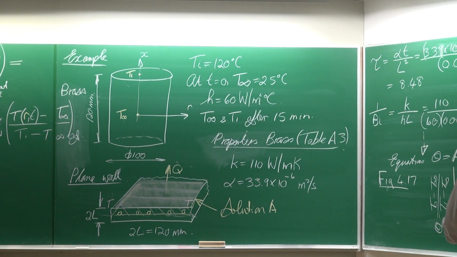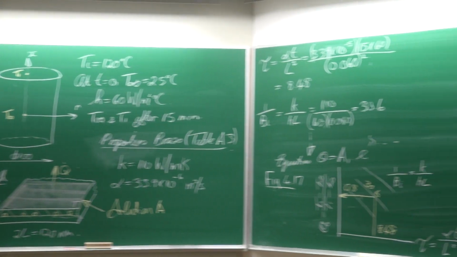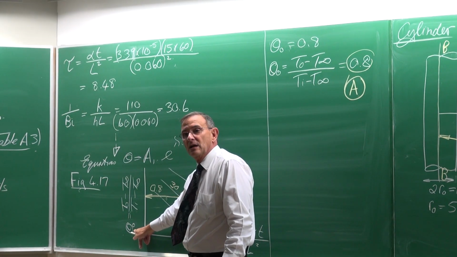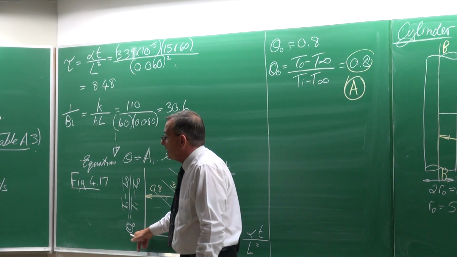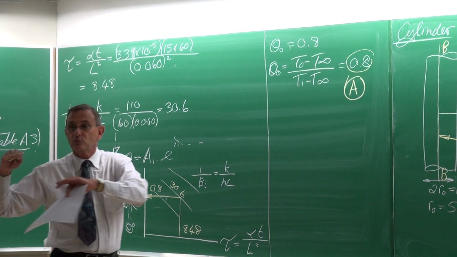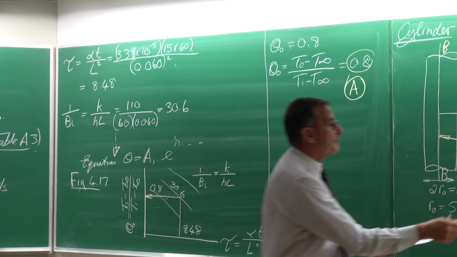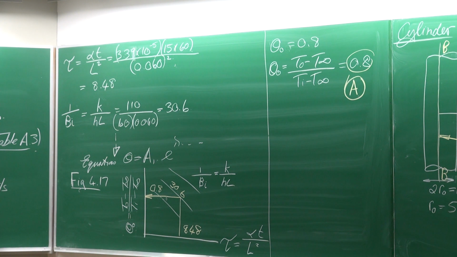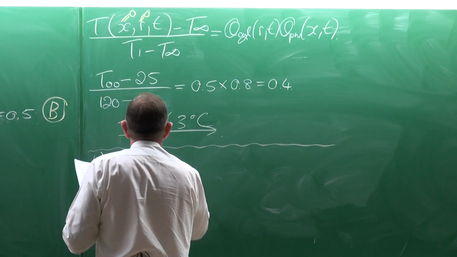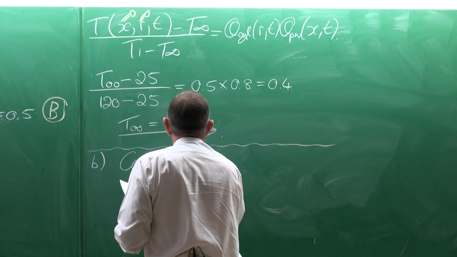If we look at the case of the plane wall, what do we have to do differently? In the plane wall case, we do not want the temperature where x is equal to 0, we want to know it where x is equal to L. So the second part is the center temperature, the center of the top.